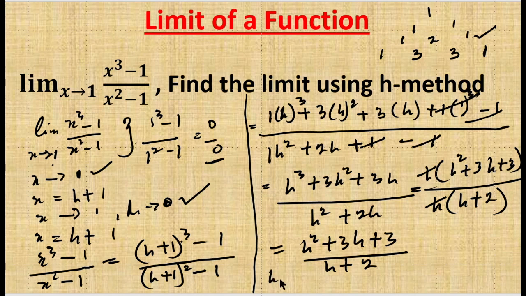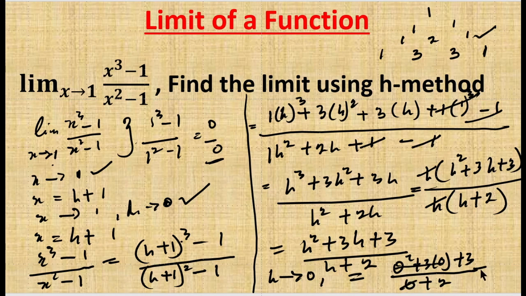So as h tends to 0, the whole of this will tend to 0 squared plus 3 into 0 plus 3 all over 0 plus 2. Obviously, this is 0, this is 0, so I'm left with 3 over 2.